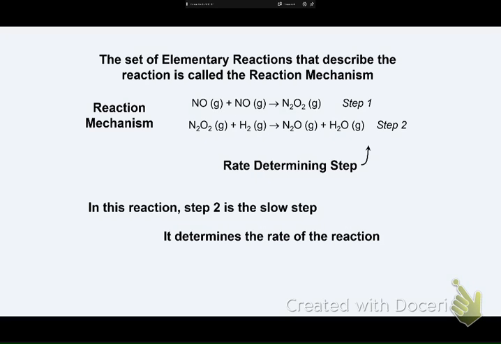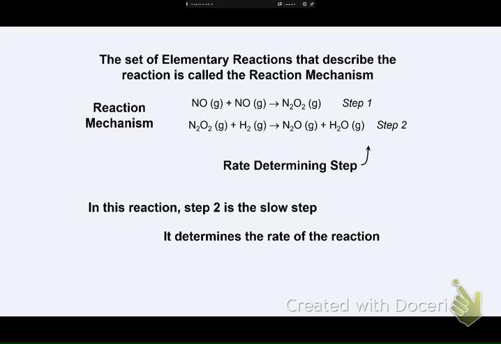So again, we're going to write an equilibrium expression. I'm going to say K1 times NO squared is equal to K minus 1 times N2O4, or N2O2, sorry. And I'll do a substitution for that. Go ahead and see if you can get ahead of me here.